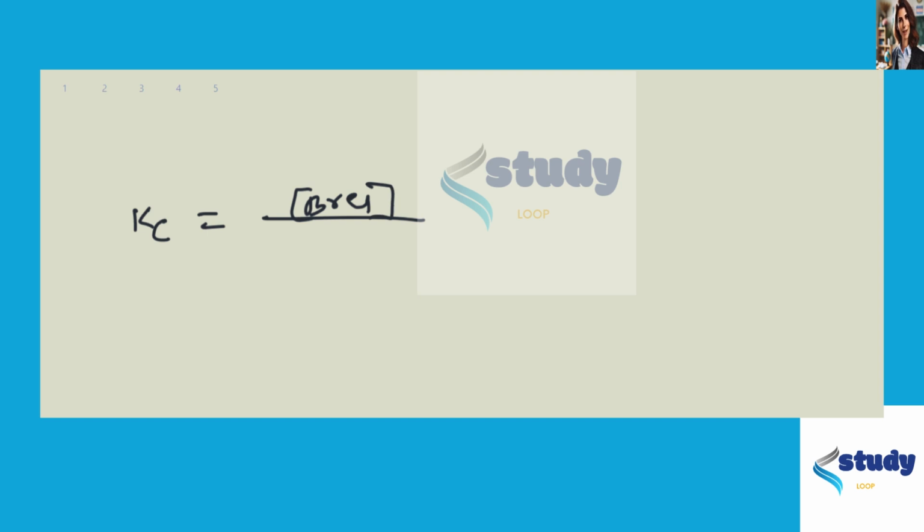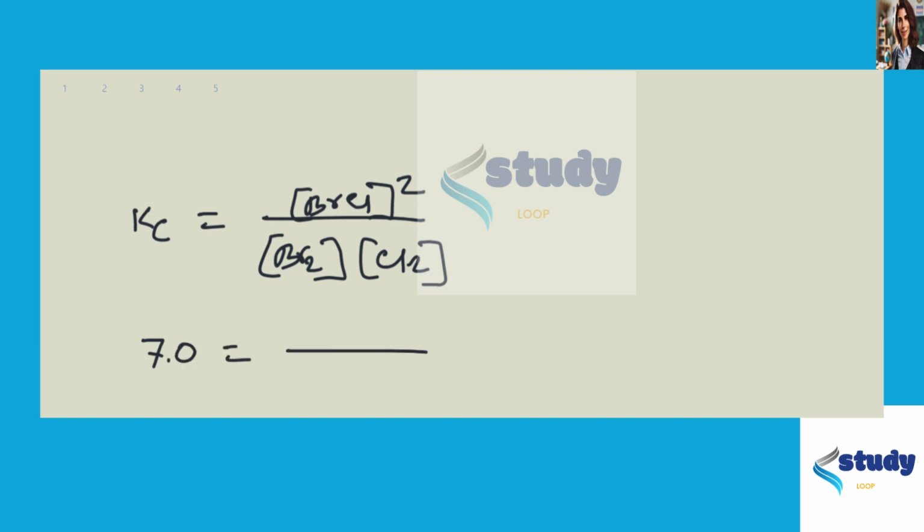The product concentration coefficient is 2, so the power will be raised to 2 for this one. And for the reactants, we have bromine and chlorine. Now if we put our values here, the value of Kc is given as 7.